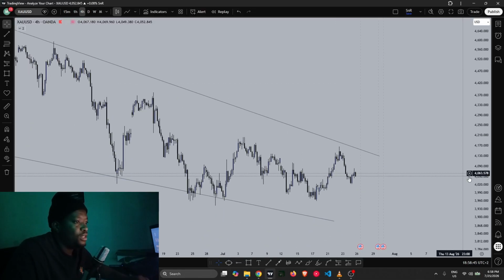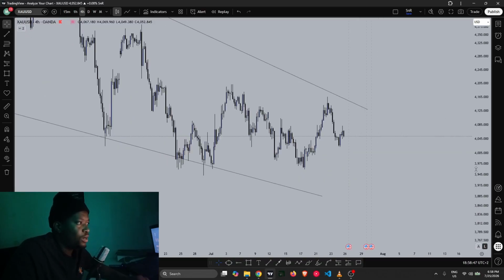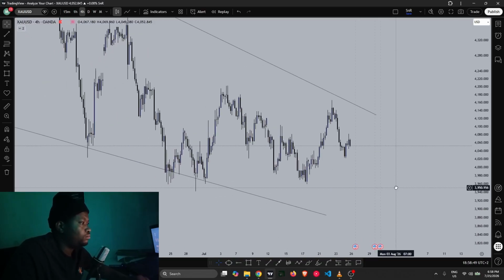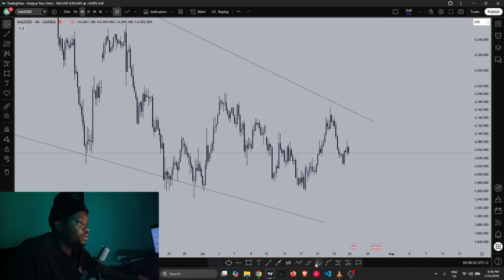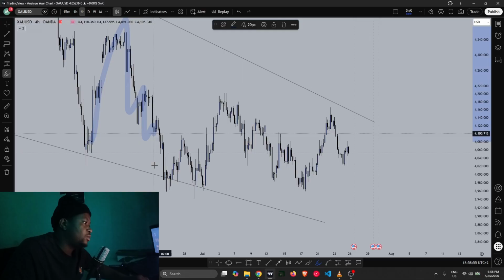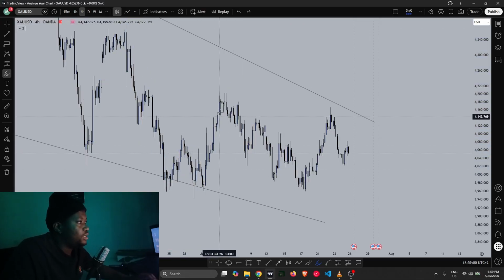Then we go down to the 4-hour time frame. On the 4-hour time frame, the market broke out of that pattern, and then next, what do we have? Let's look at the swing points.